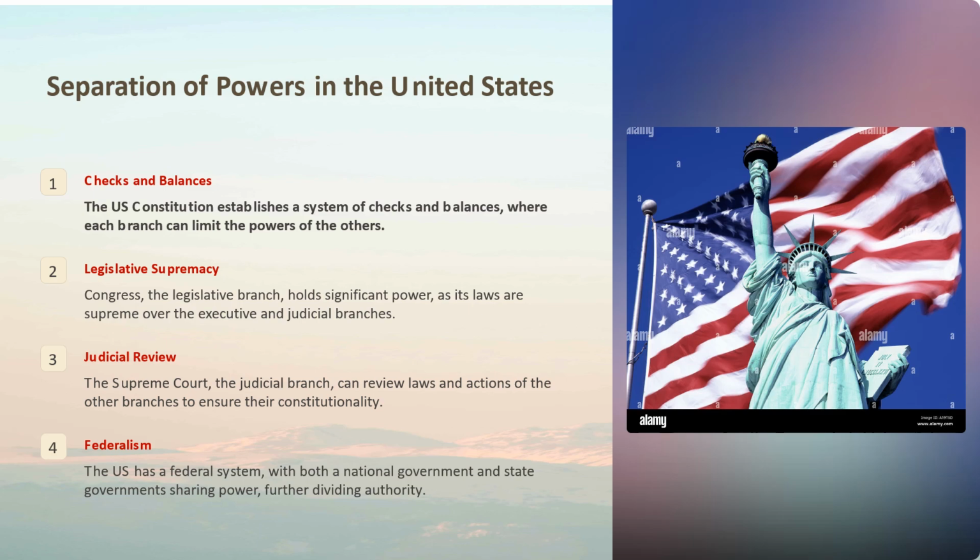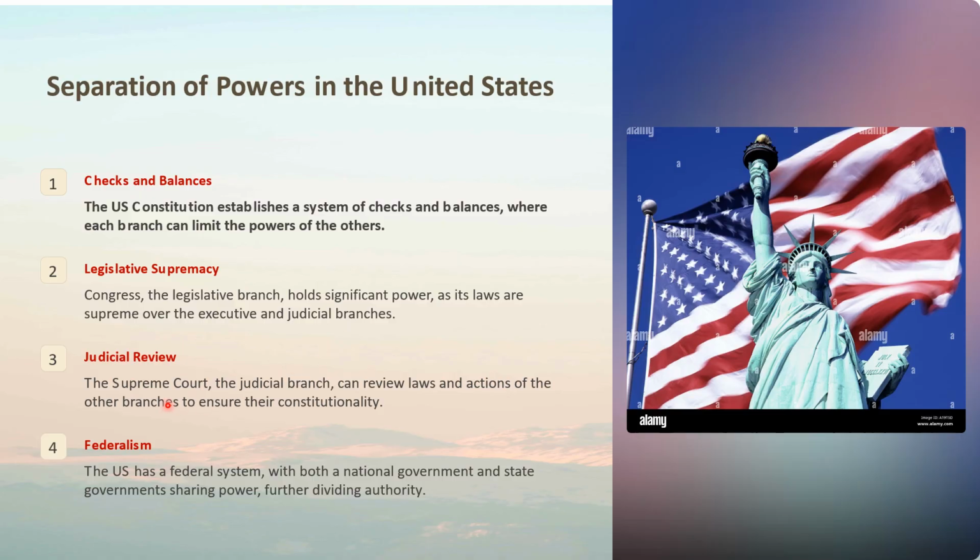And the legislative supremacy: Congress in the legislative branch holds significant power as its laws are supreme over the executive and judicial branches. So the legislative branch can override presidential vetoes, and approve or reject judicial appointments also.